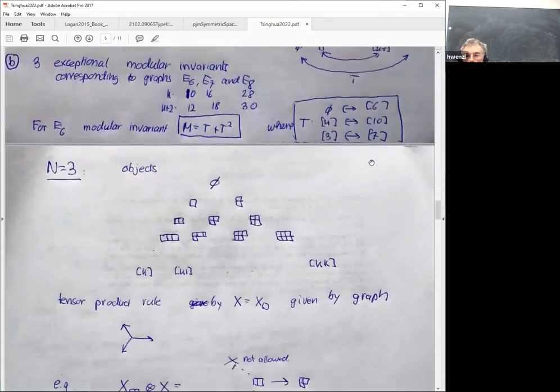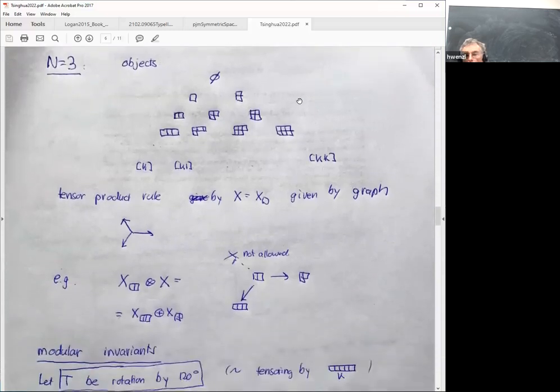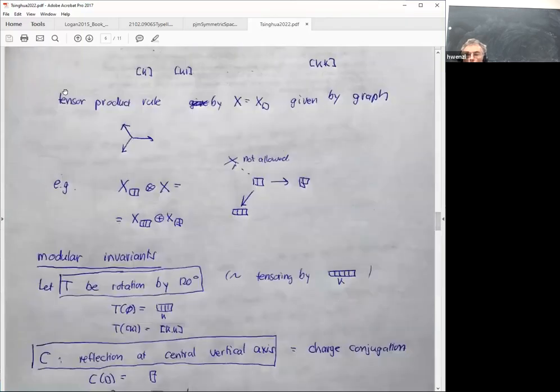So let's look at what it looks like for n equals 3. There the objects are labeled by Young diagrams with 2 rows and at most k boxes in each row. You can arrange them here in a sort of Pascal triangle, which goes down to the diagram with k boxes in the first and second row. And the tensor product rule can be nicely described graphically via this graph here.